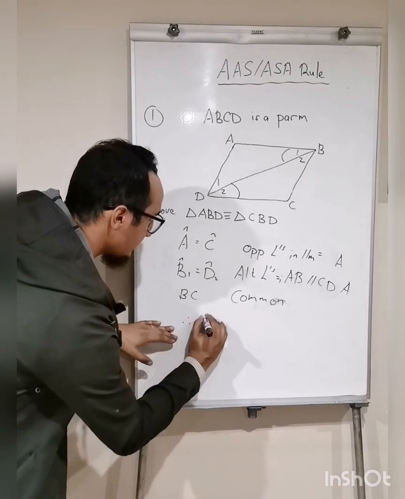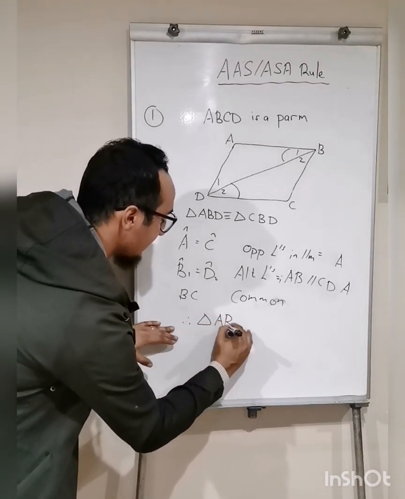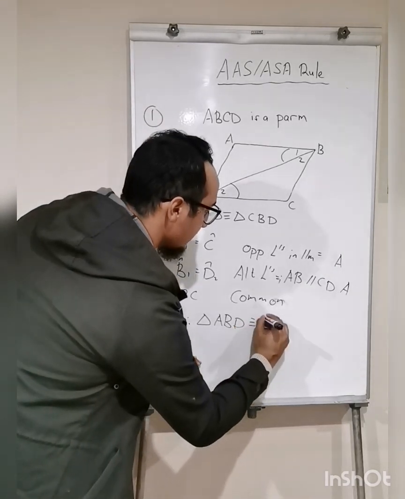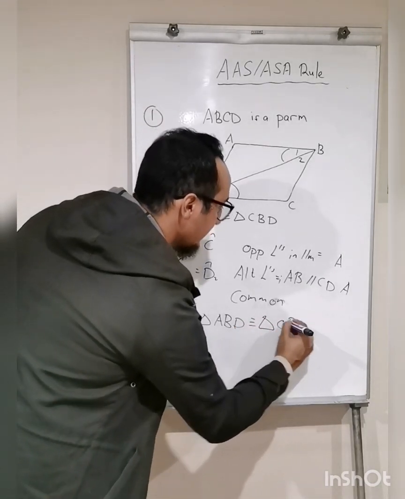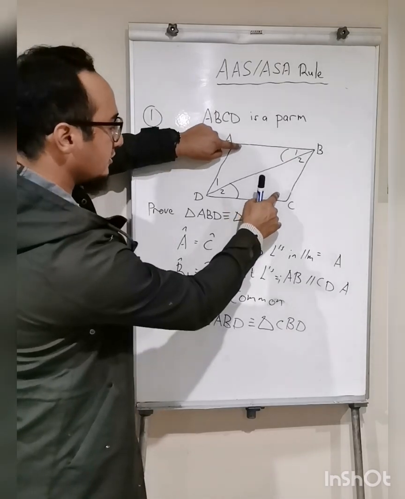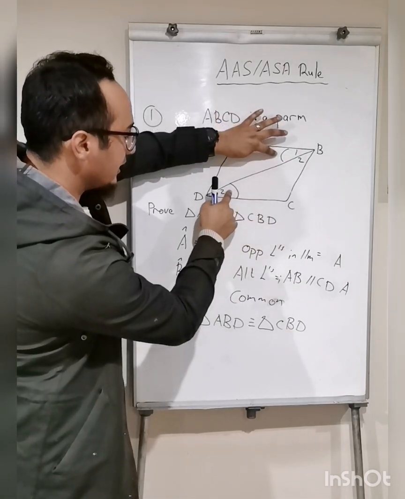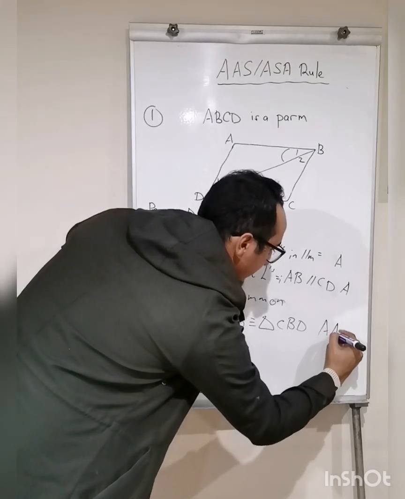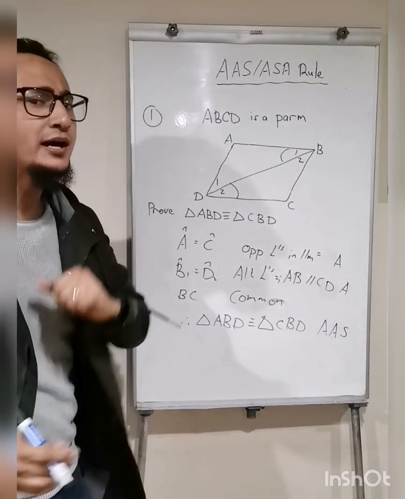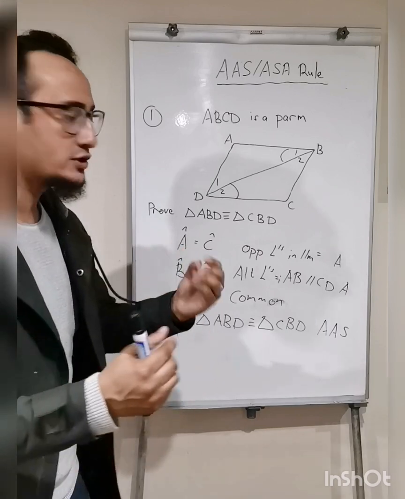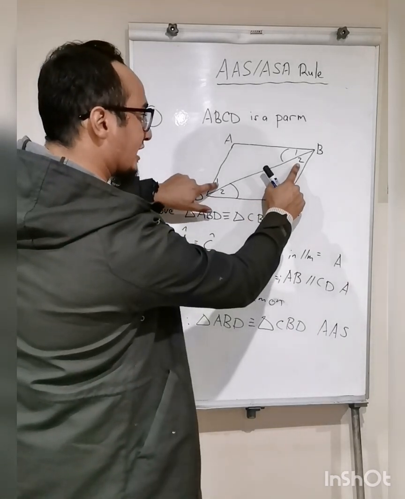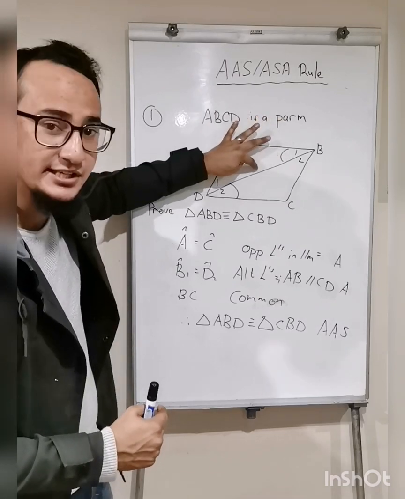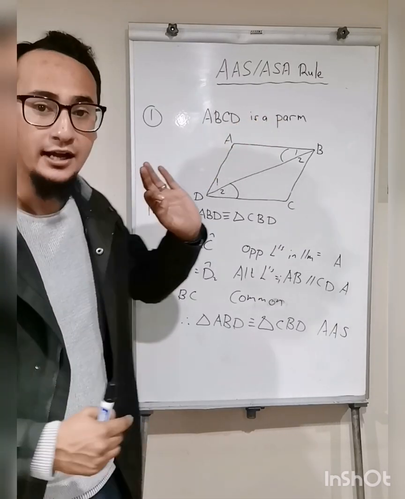So therefore, triangle ABD is congruent to triangle CBD because I found an angle, then I found a side. So that's going to be the angle, side. And because it's a parallelogram, remember I can use these two are also equal to one another. Those are also alternate. Then I may use angle, then came a side, then came another angle.